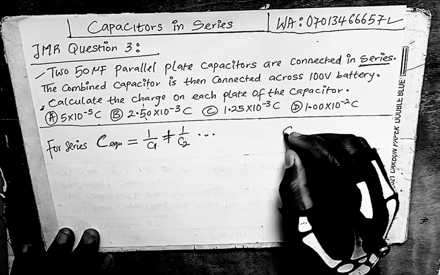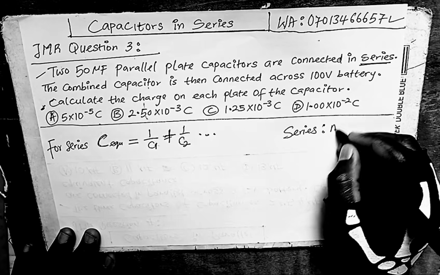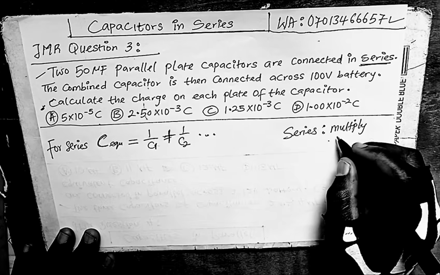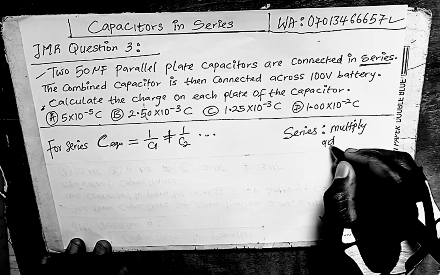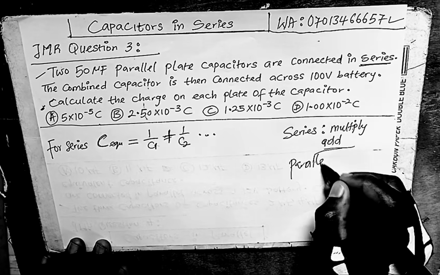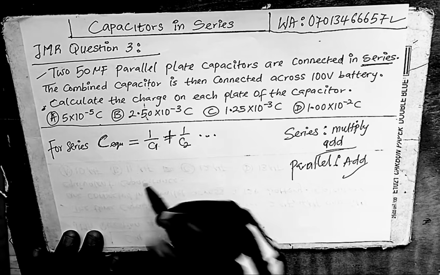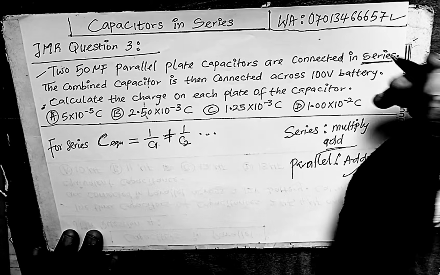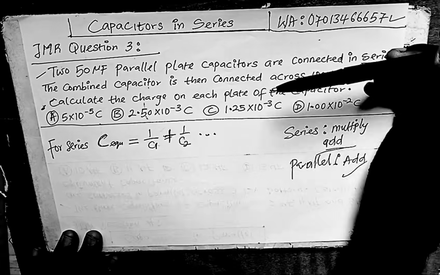For capacitors in series, you multiply and add; for parallel, you just add up everything. It's the opposite of resistance. In resistance, series is the one you add. But here, capacitors connected in series, you apply that LCM kind of thing, but I don't use LCM.